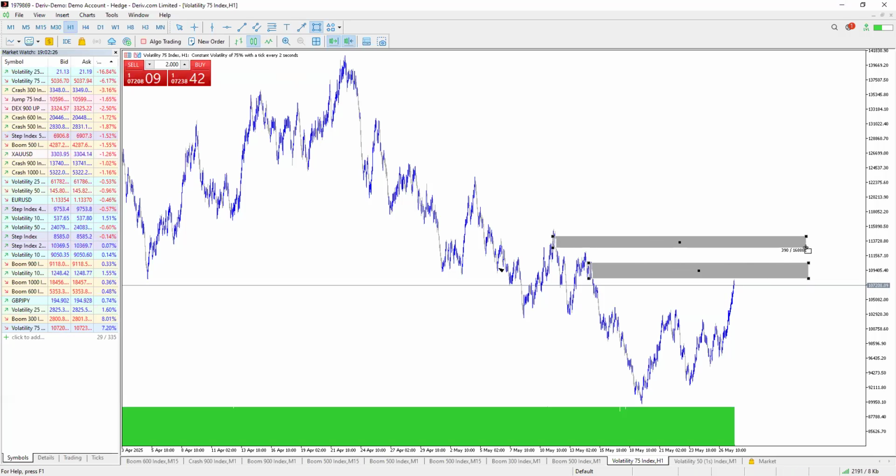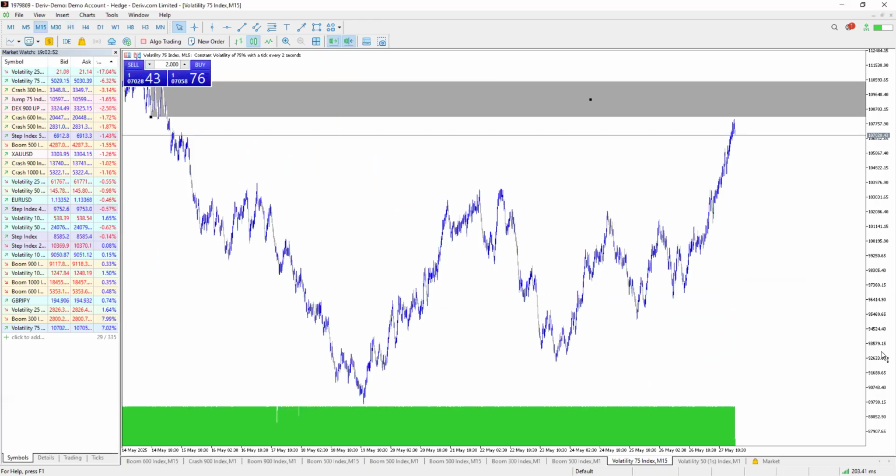And when it reacts in those areas, if it fails to break, obviously, what do we know? We are going to sell, right? But we don't just sell. We only sell when our market structure in lower time frames plays. And how does it play? Break of structure. So let's say this thing is not going to break.